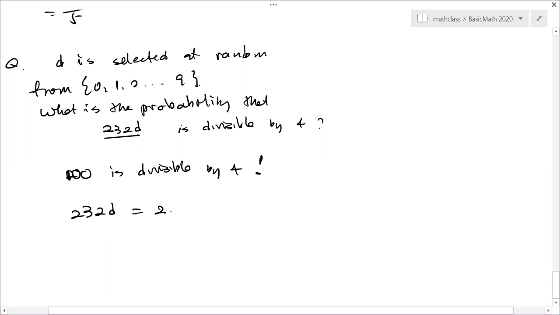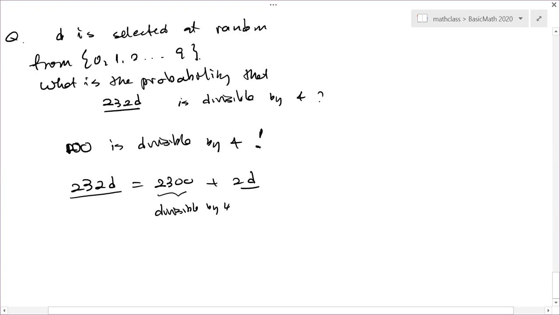This is 2,300, so don't worry about that, it's divisible by 4. Then we have 2D. So the number is divisible by 4 if and only if 2D is divisible by 4.